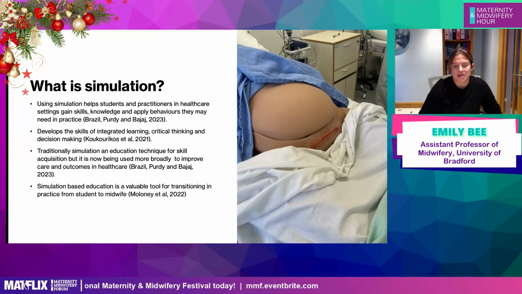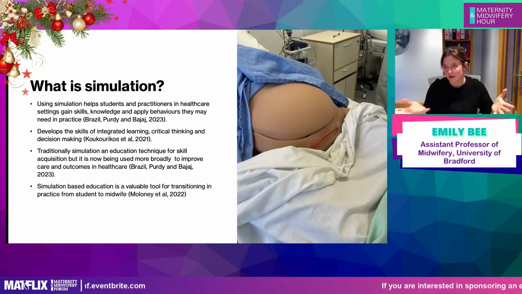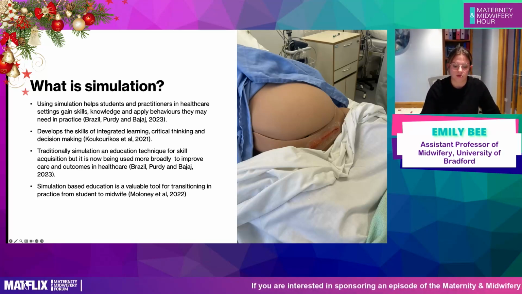And simulation-based education is a valuable tool for transitioning in practice from student to midwife. The evidence base shows that this is the same for any healthcare profession, that simulation-based education gives students opportunities that other pedagogies may not facilitate in the same way.